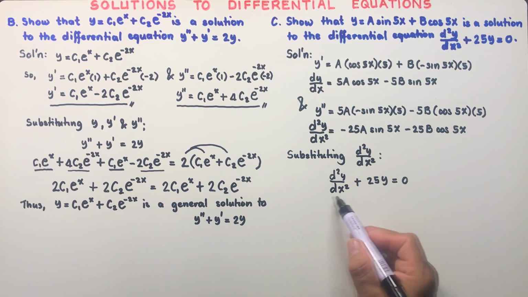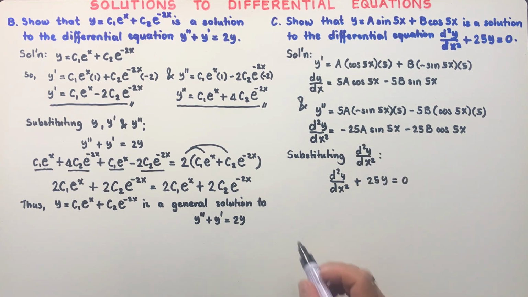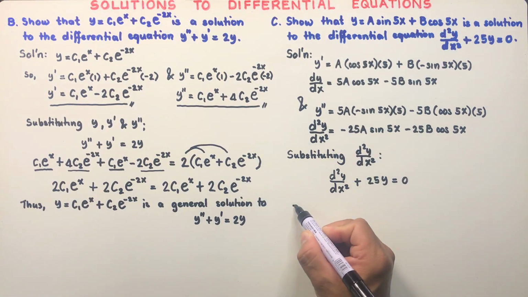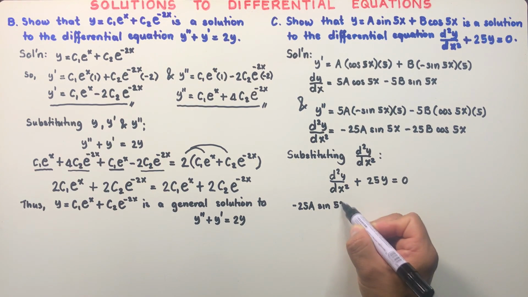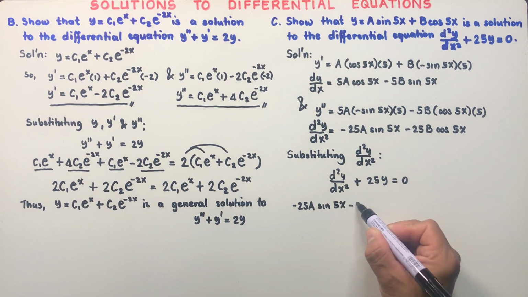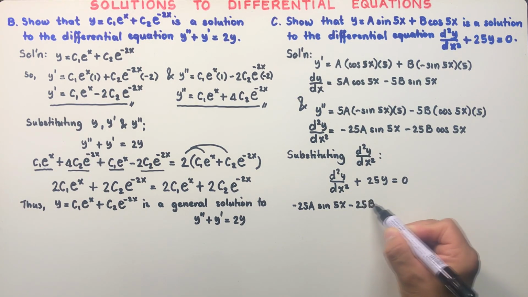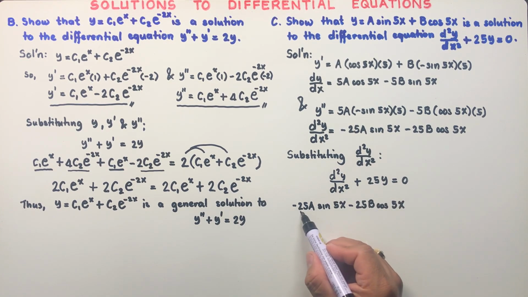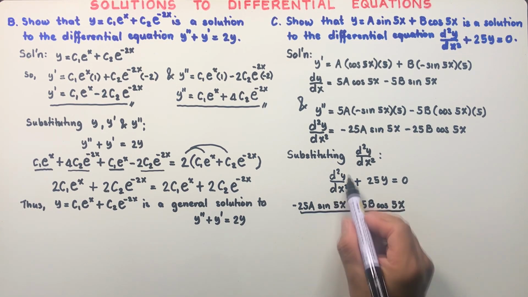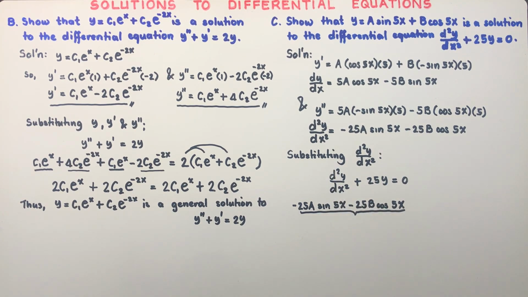And we know this one, which is this one. So we write it here, negative 25a sine 5x, and then minus 25b cosine 5x. And this is the value of our second derivative of y with respect to x.